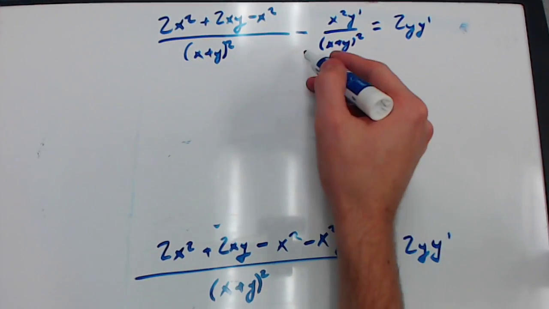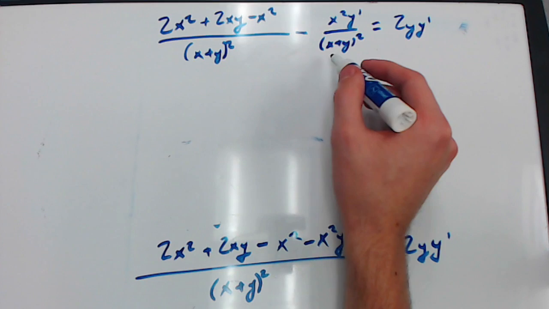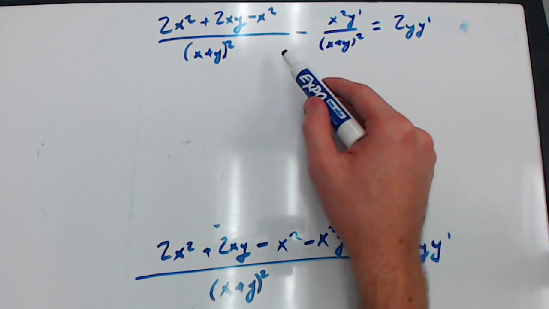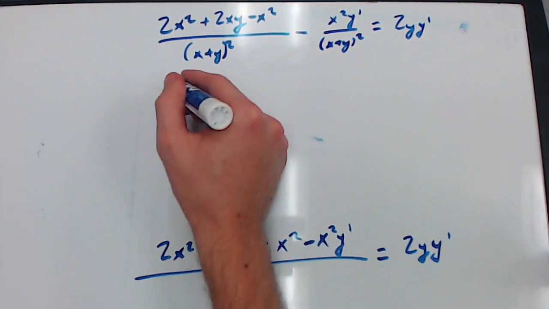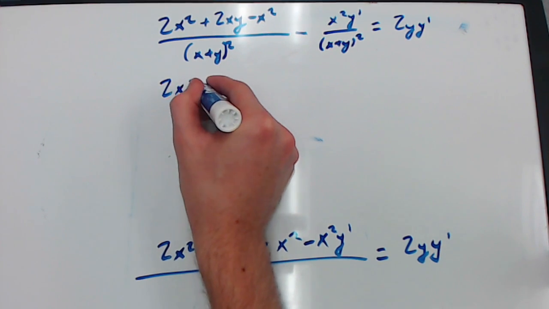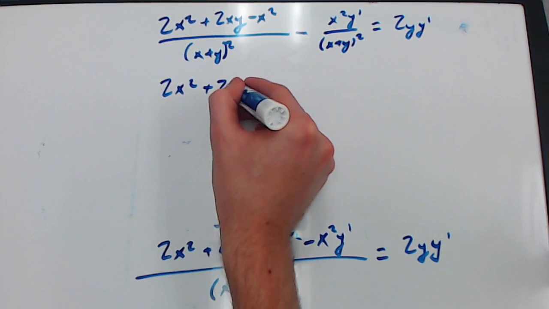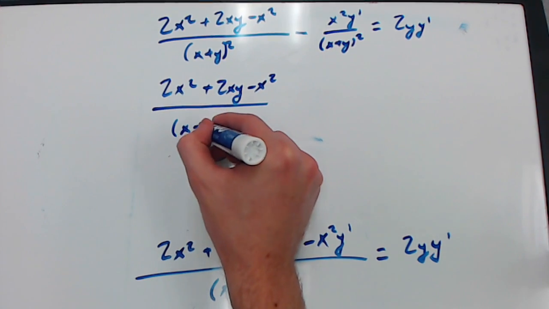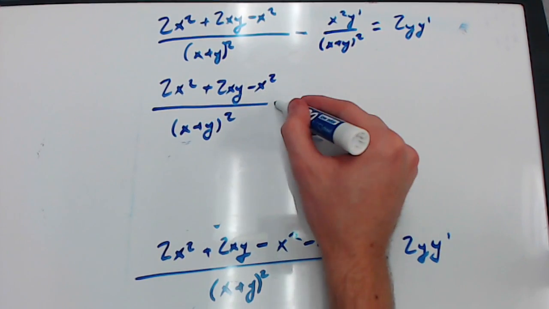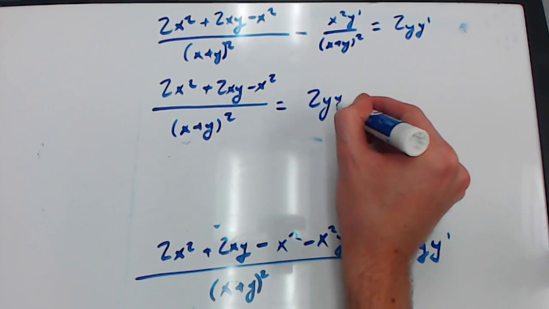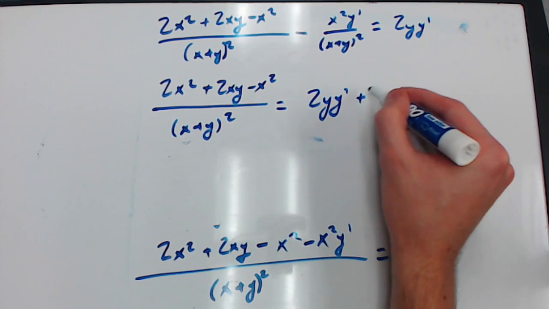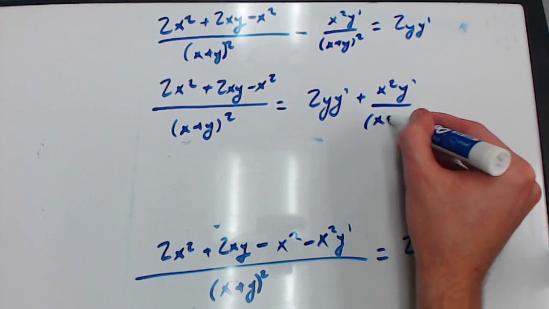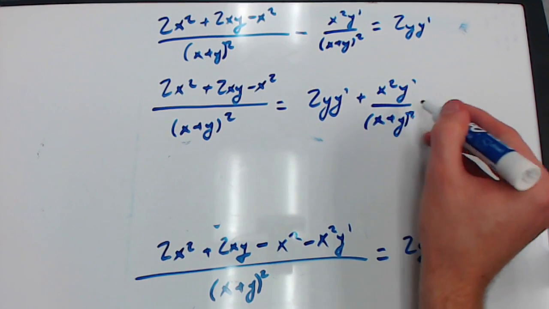Okay. So I'm going to add this exact term to this side so that we can isolate our y primes. That's going to be our next step. So we get 2x squared plus 2xy minus x squared all over x plus y squared is equal to 2y y prime plus x squared y prime over x plus y squared.